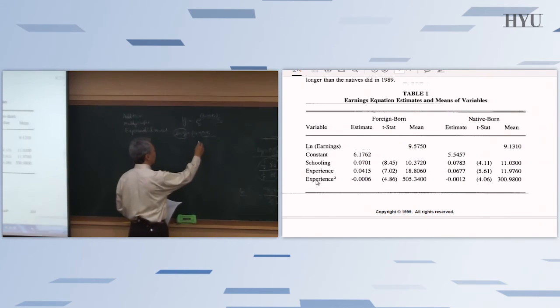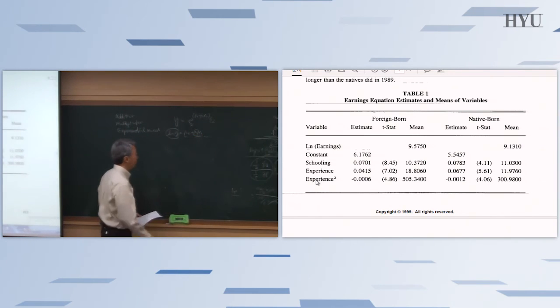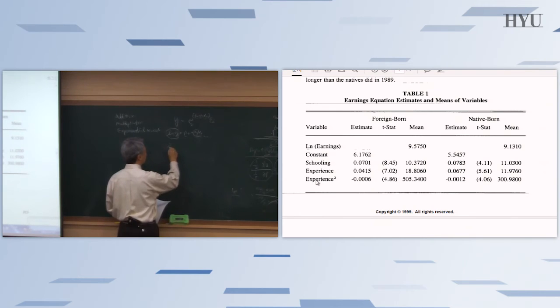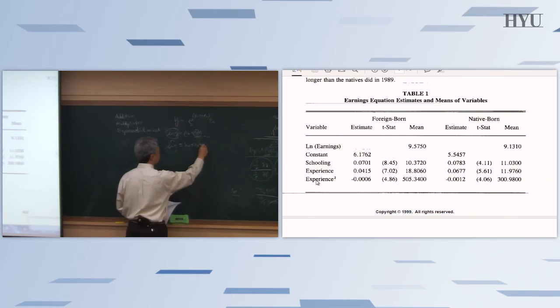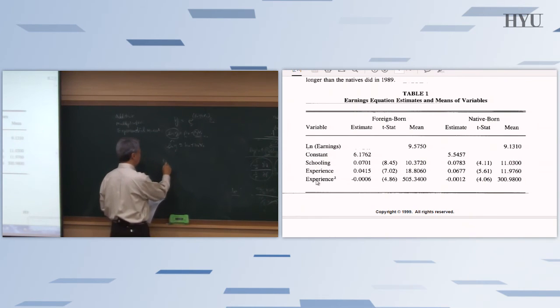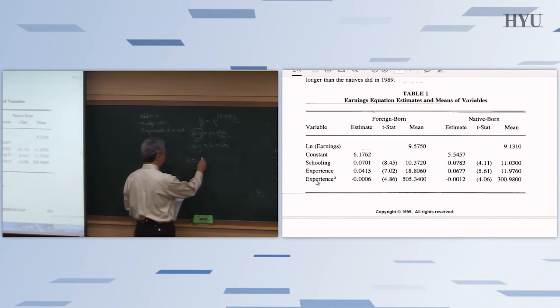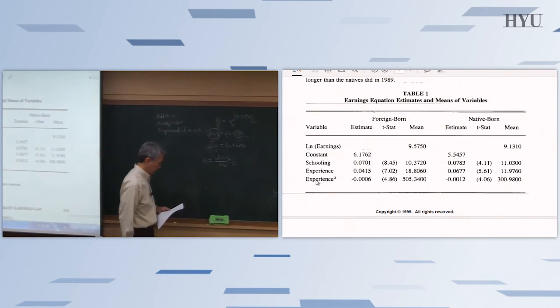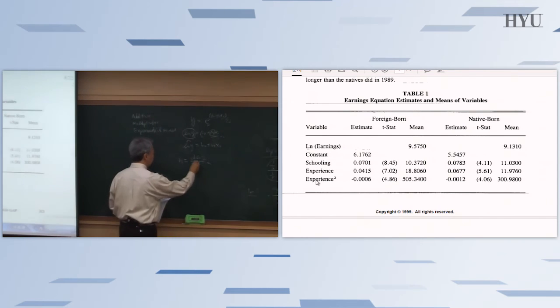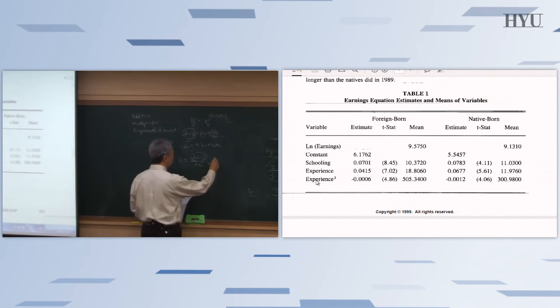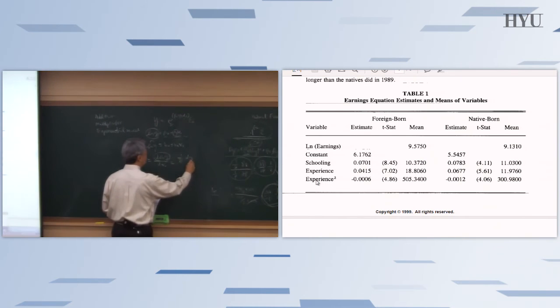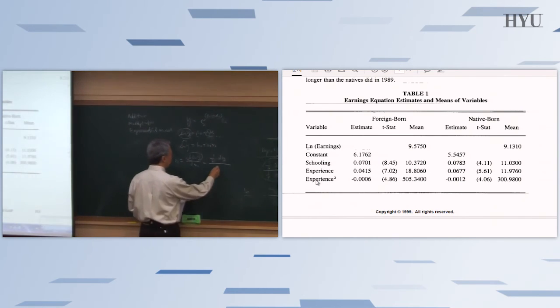But what will be the interpretation of B1? Once you estimate log of y hat is B0 plus B1 x1, B1 will be d log of y over dx1. And again, d log y is 1 over y dy, the whole thing divided by dx.